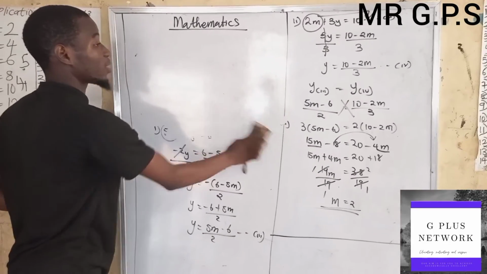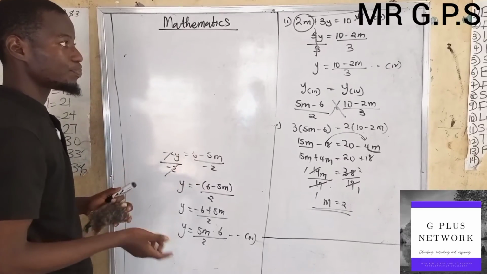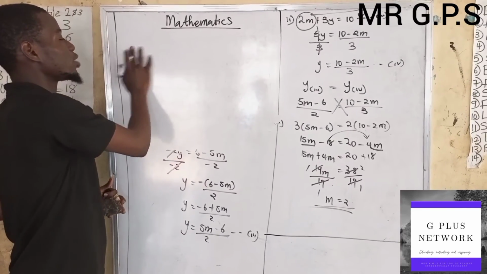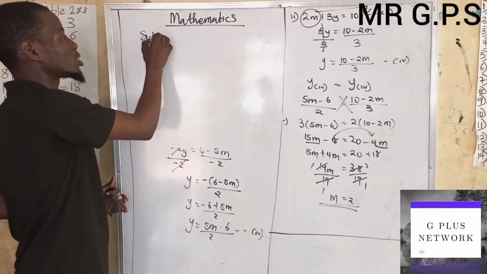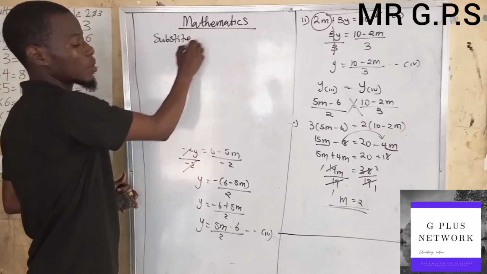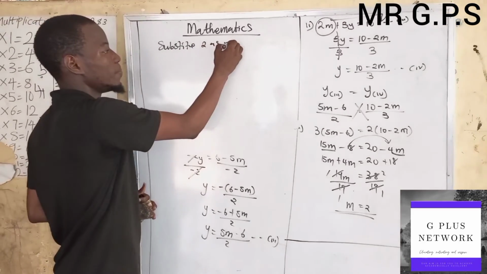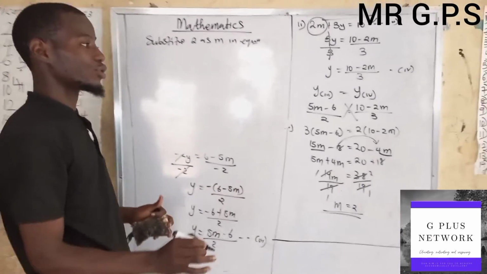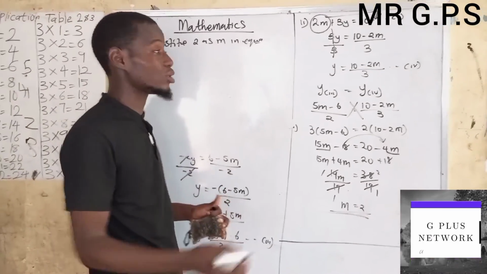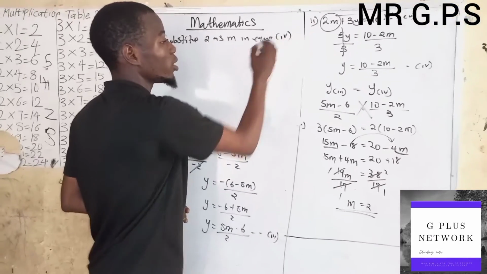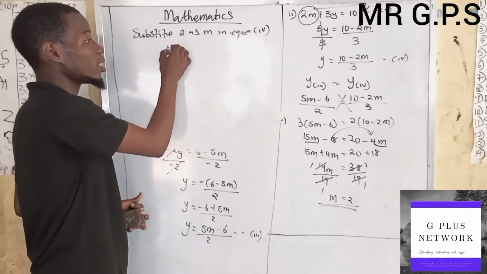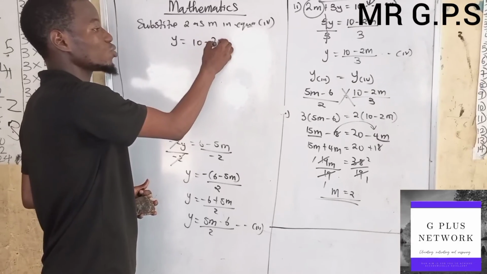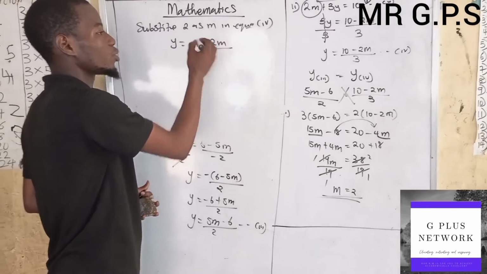Don't forget, you just have to substitute 2 as m in the equation. Now you can use any equation of your choice, but I will decide to use equation 4. Equation 4 states that y equals 10 minus 2m all over 3.